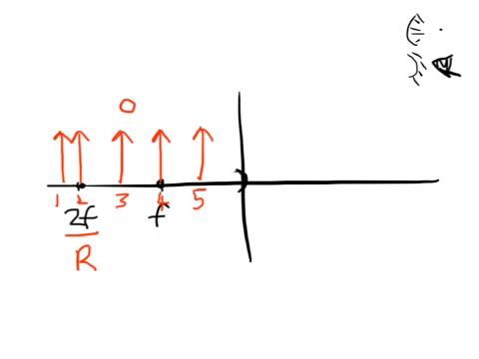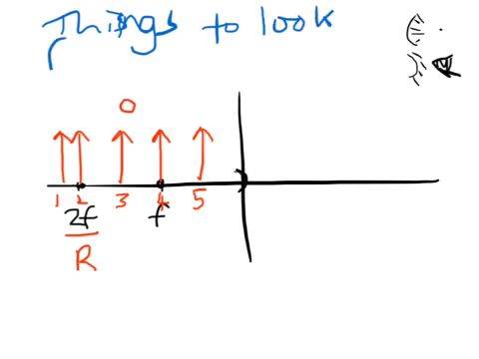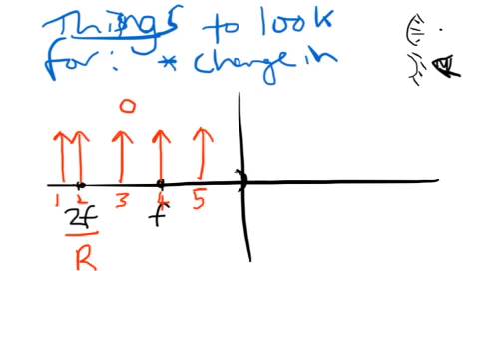And what I want you to look for while we're doing this are things to look for, so there are patterns. That's what I mean by things. Maybe I should have written patterns. Things to look for are the change in size, so we're looking at the size of the image.